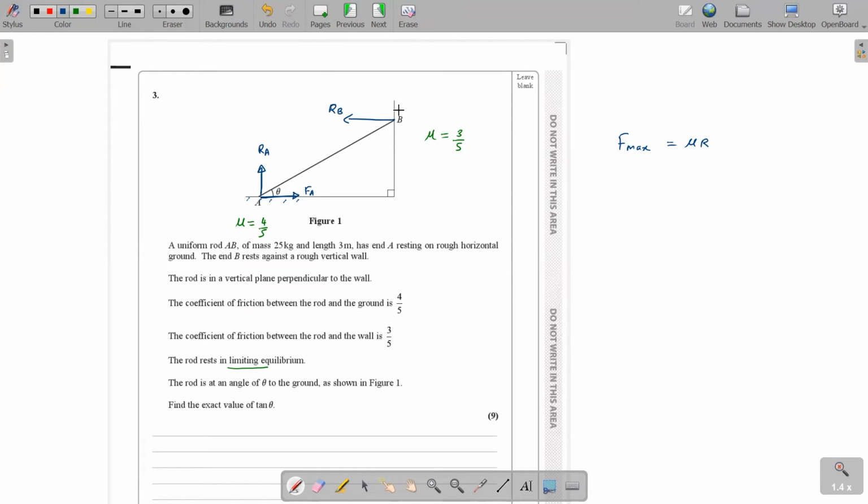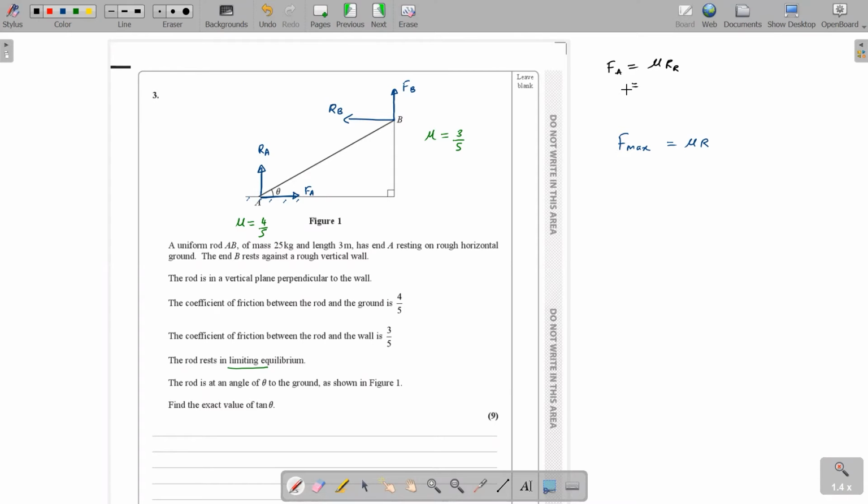And then what do we have? This object is about to slip down, right? You can see the rod is trying to slip down. Therefore, friction will act which way? To oppose that, friction will act up. I put FB, friction at B. Actually, we can find the FA and FB values. Friction at A is mu times RA.